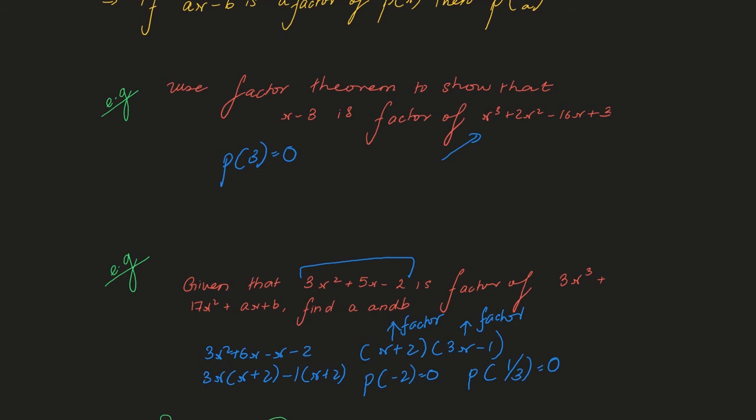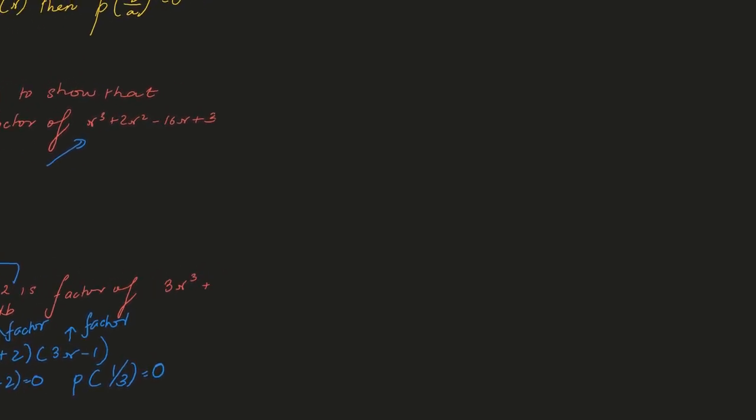So what we're going to do here now is, let's just move aside over here. The polynomial in question is 3x cubed plus 17x squared plus ax plus b.